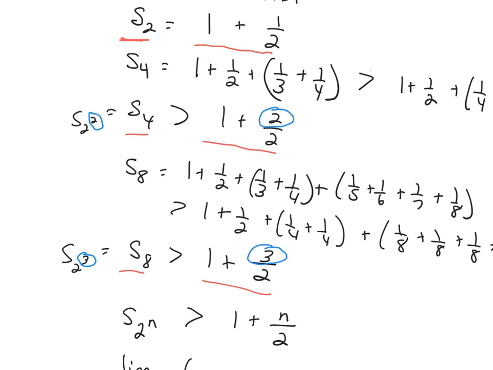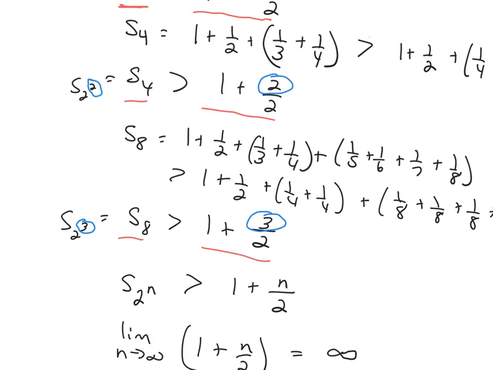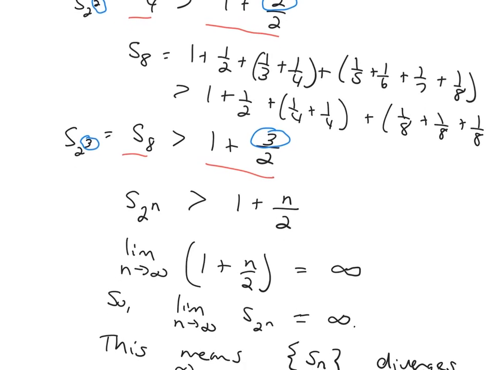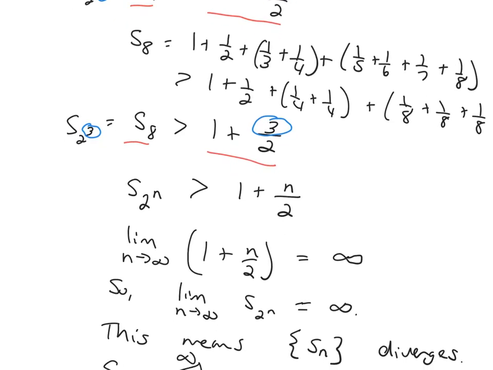So it's really just out of this desire: we have something we want to show diverges, we can't find a formula for the partial sums, so instead I create this lower bound and show that that goes to infinity. So the bigger thing has to go to infinity as well.